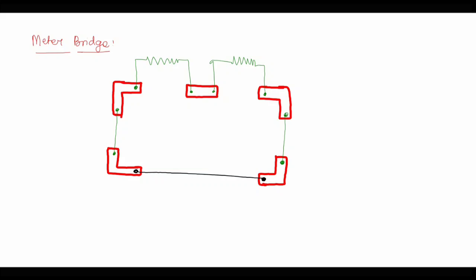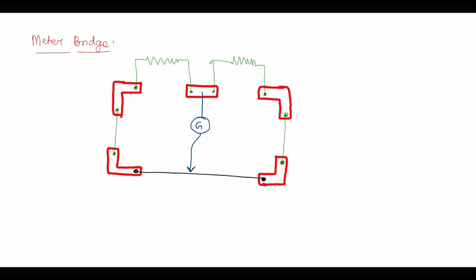Now this wire offers a considerable resistance and is generally made up of constantan. Then in between, somewhere here, we are fixing a galvanometer G with a jockey attached that will help us in locating the null point.